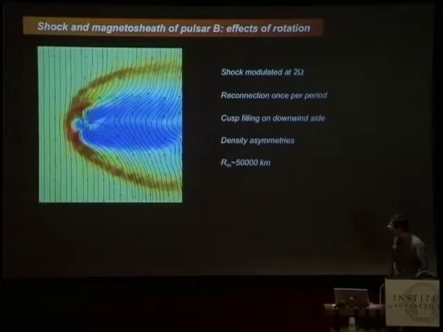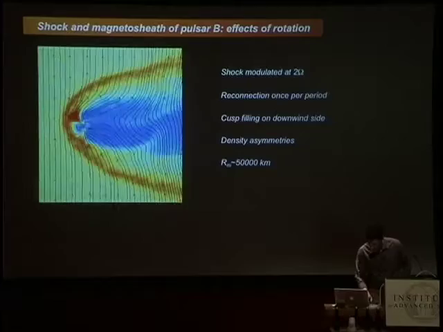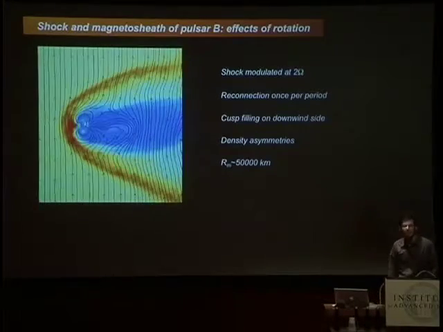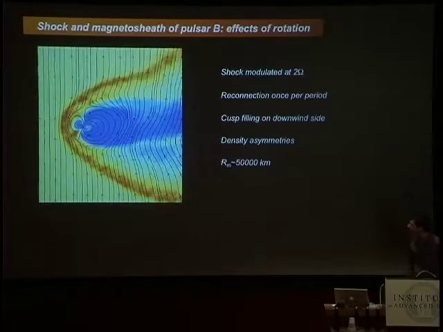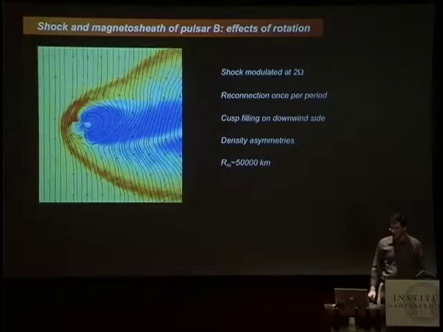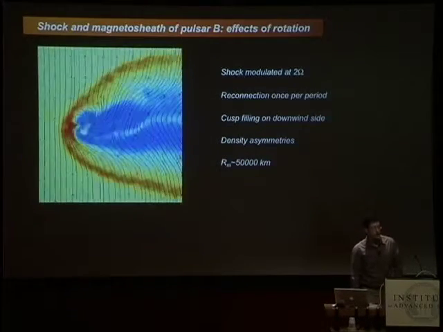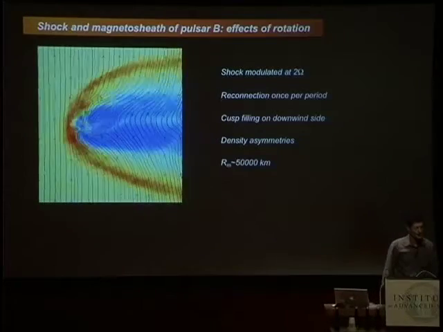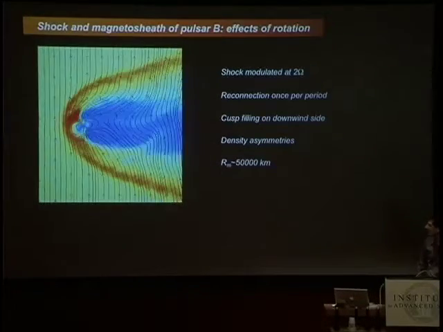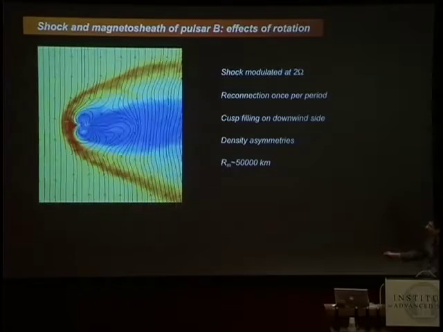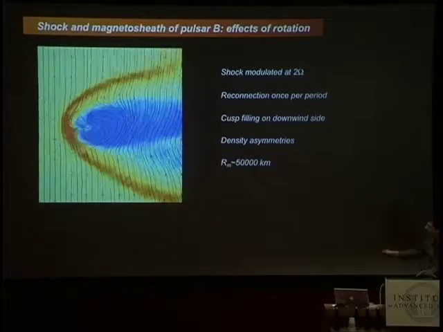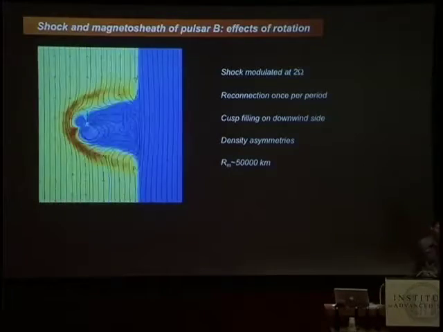So what is controlling the amount of reconnection that is taking place? Right. To some degree, the reconnection here is done correctly, so we're actually resolving all the scales needed for the reconnection. On the other hand, we're not. The scale of the reconnection region is kind of comparable to the size of the magnetosphere.